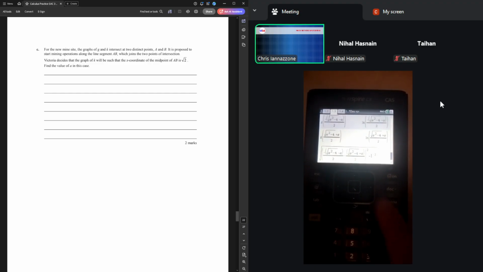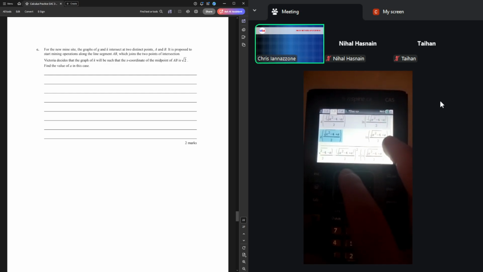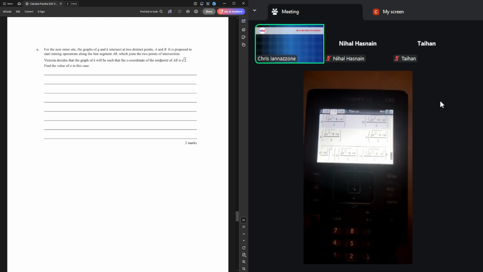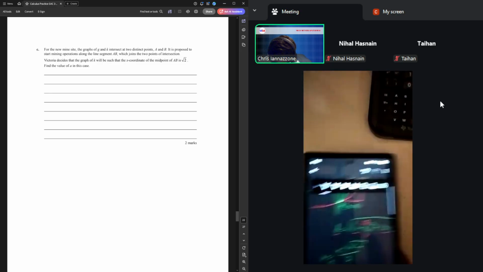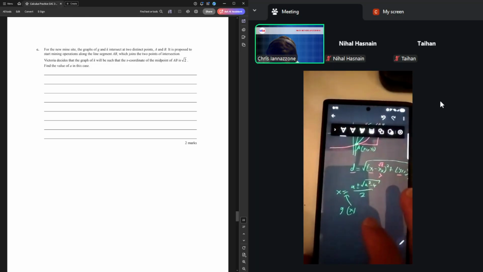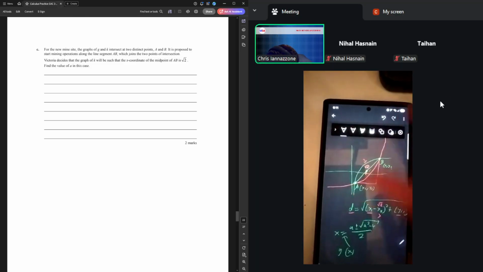So brackets, squared, of this one take this one. Okay, then we halve that because what we had was the distance between A and B, but we wanted to get the midpoint of it, which would occur halfway along the length.